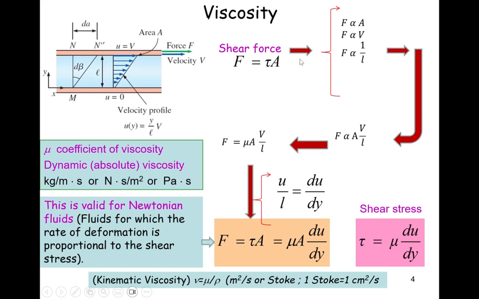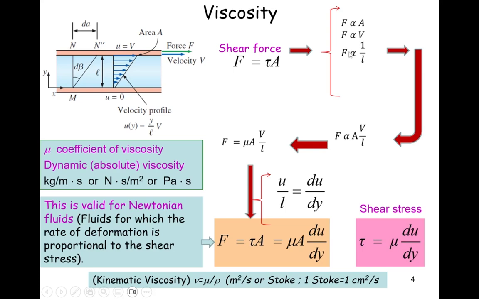Then obviously we know that this force directly depends on the surface area. That means that if the surface area is larger, then the force we apply is higher. The force is also directly proportional to velocity, meaning that the higher the velocity, the larger the force would be.